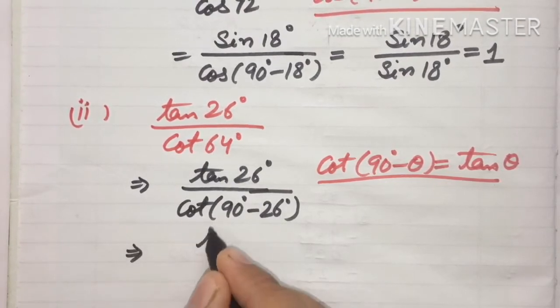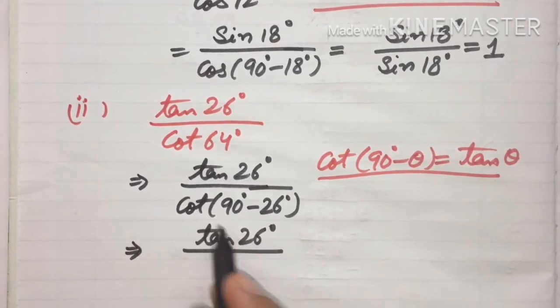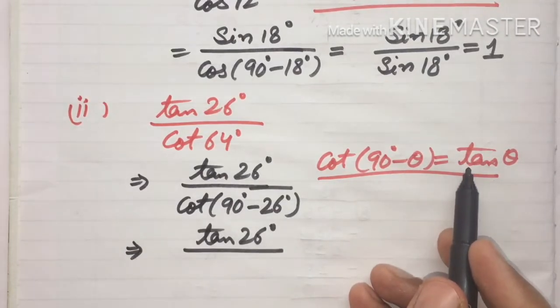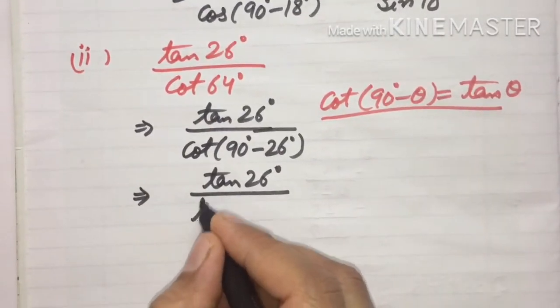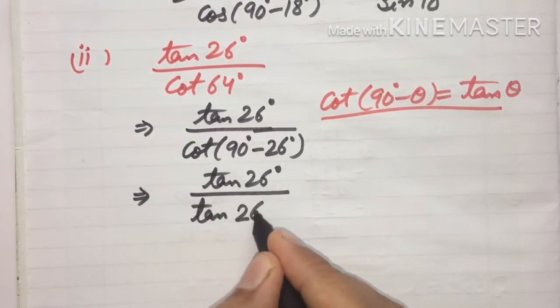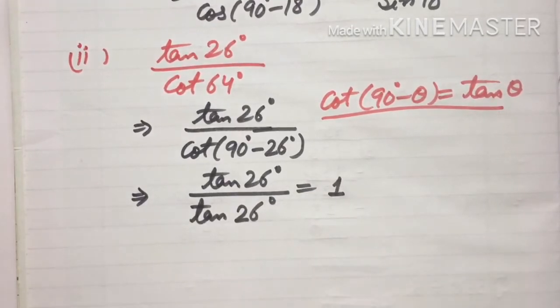So it will change further. Tan 26 degree in the numerator stays the same, and this cot(90 minus theta) will change into tan theta, so tan theta means 26 degree. So tan 26 degree upon tan 26 degree, it will be 1.